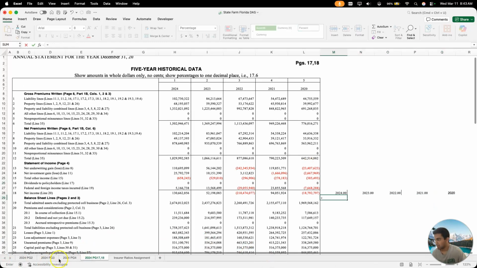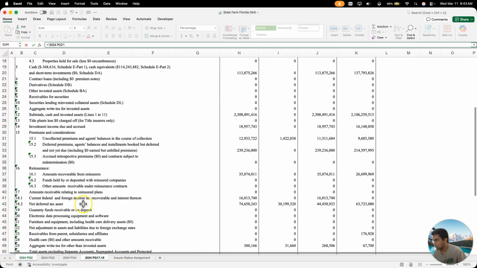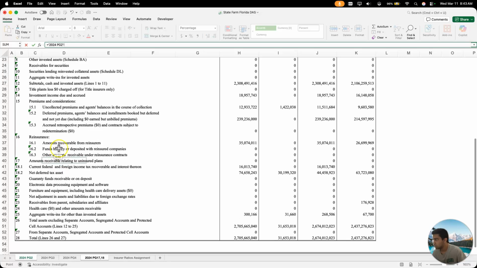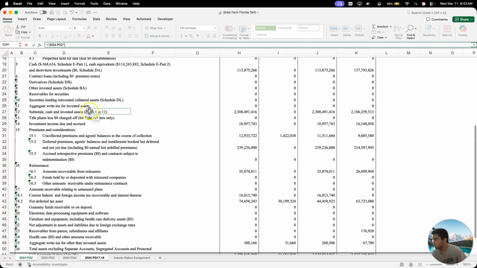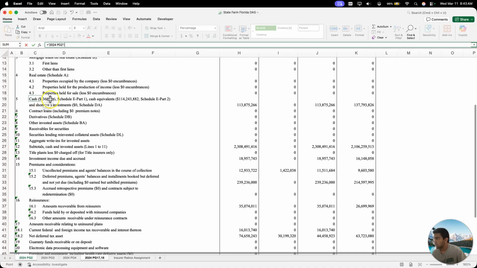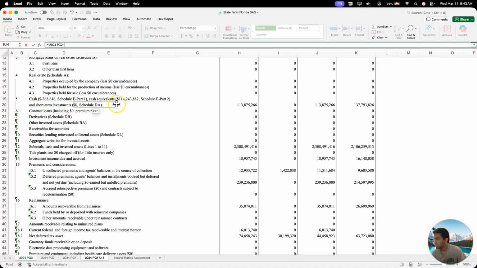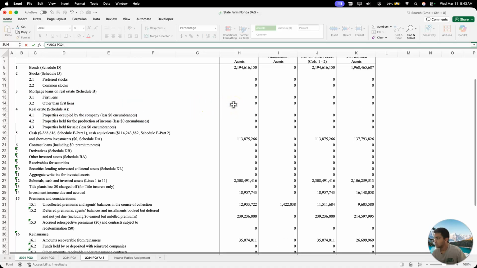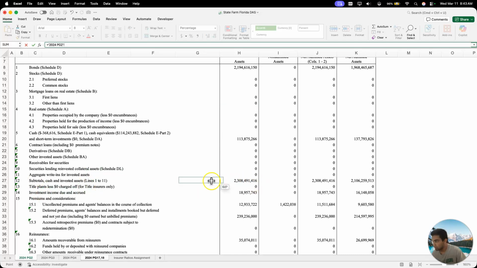I have no idea where I cut the video, but for the liquidity ratio, all you have to do is go to assets and go down to cash and short-term investments, and you can see that right here. Actually, no, sorry, wrong section.